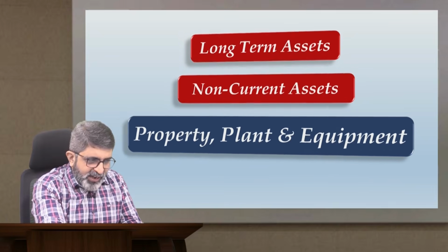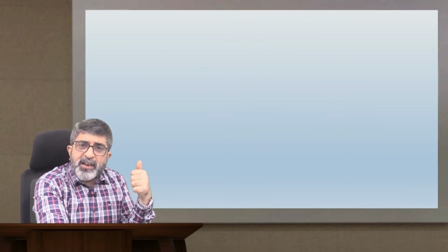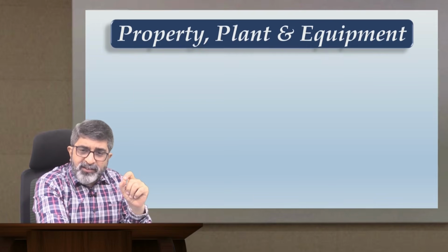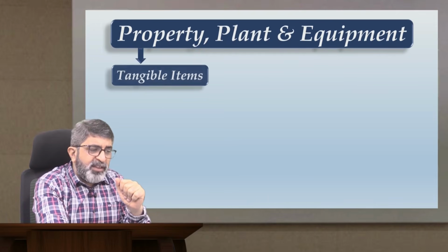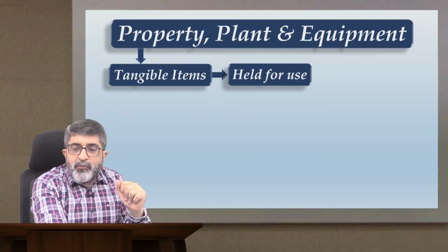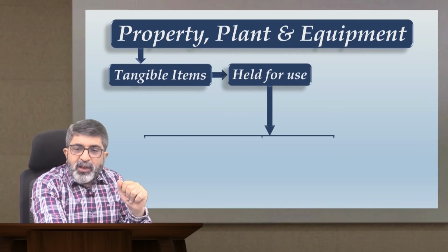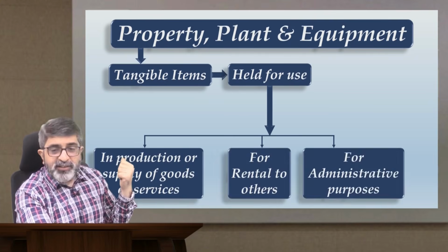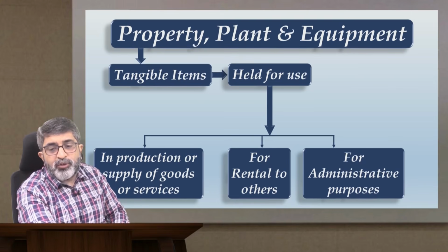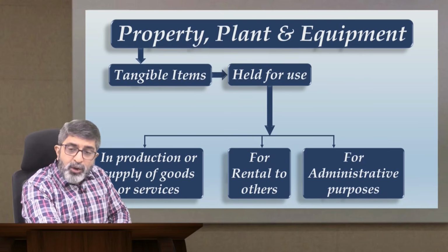So for better understanding, I'll put that definition of property, plant and equipment on screen. Please try to understand this definition. Property, plant and equipment are tangible items which are held for use for three different purposes: in production or supply of goods or services, for rental to others, or for administrative purposes.